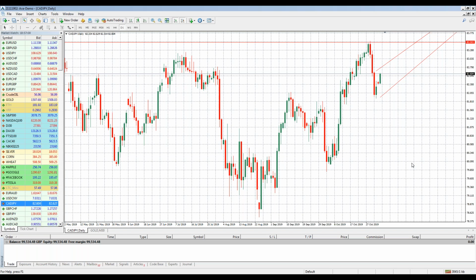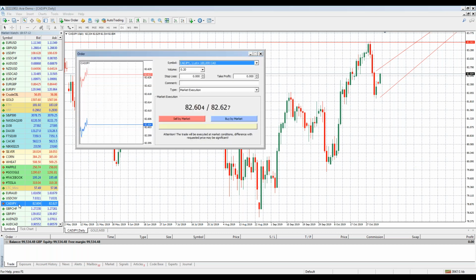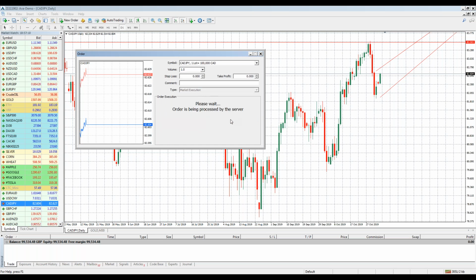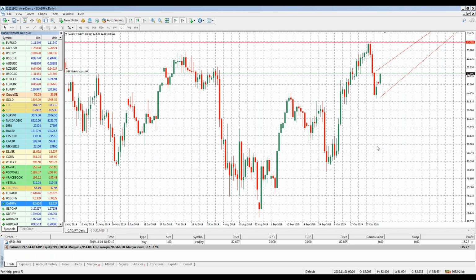So if you took a market buy right now, okay, let me just simulate this. Let's say I buy on the Canadian dollar, I don't know, a 1 lot position, and there, I'm in. And I say, okay, I'm buying on Canadian JPY, I believe it'll go up. Again, I'm not telling you this to do that. This is hypothetical.